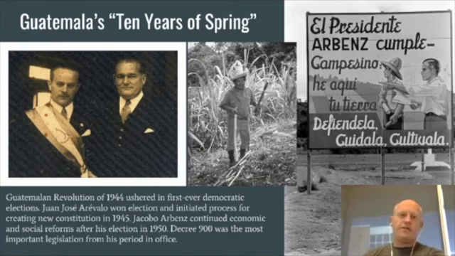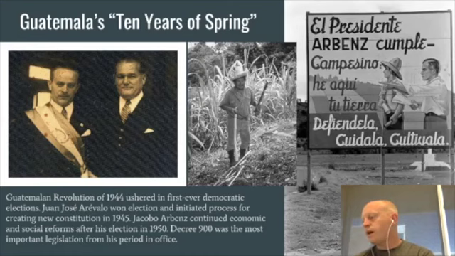One of the problems was United Fruit Company. Under Decree 900, which again was issued in July of 1952, under this law, there would be a 3% interest rate paid on the last taxed value of unused lands on large estates.